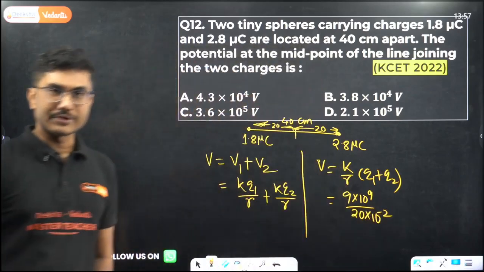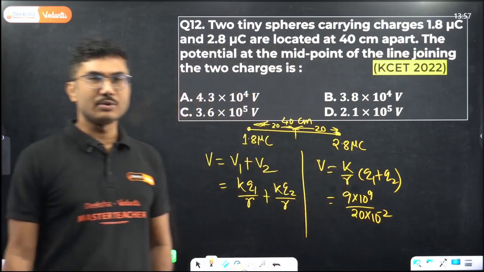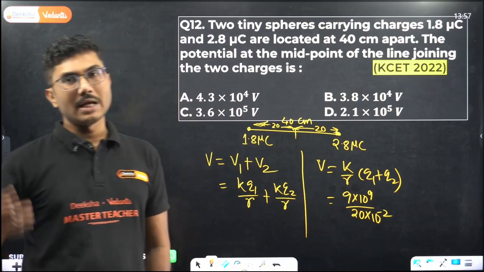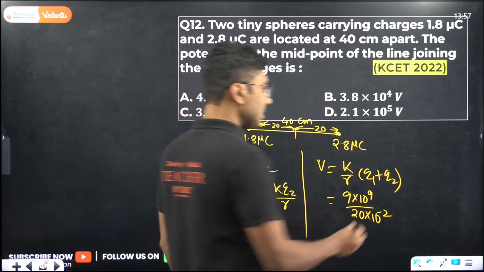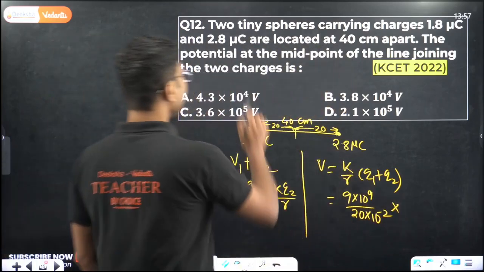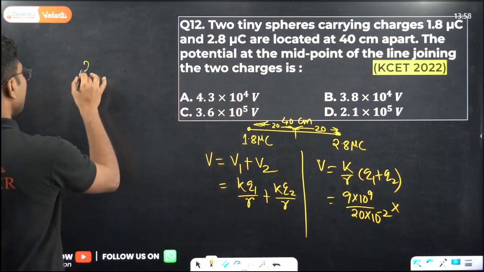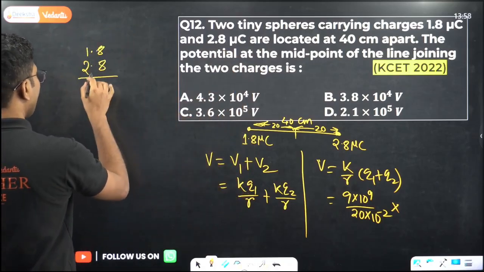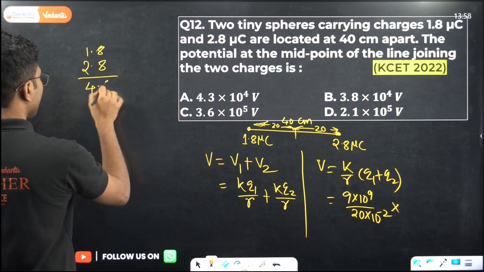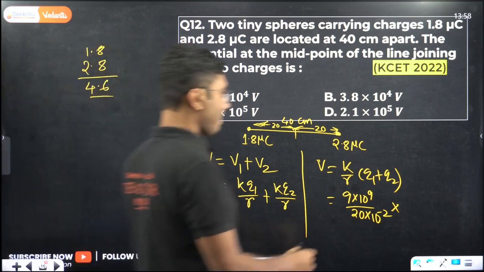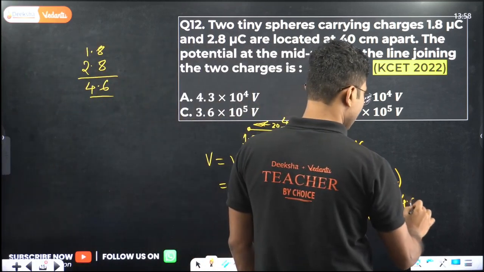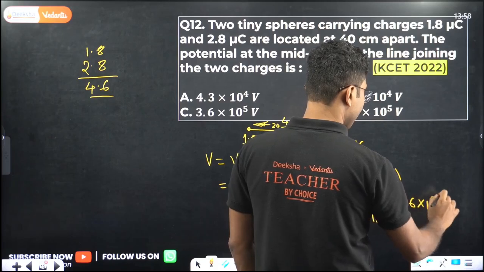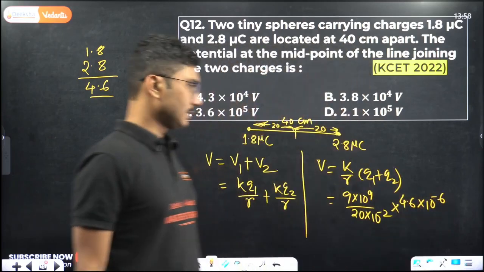Whenever you are solving questions, always convert centimeter into meters by multiplying by 10 to the power of minus 2. Q1 plus Q2 is 1.8 plus 2.8, which is 4.6 microcoulomb, that is 4.6 into 10 to the power of minus 6.